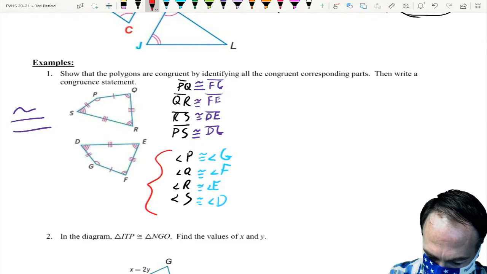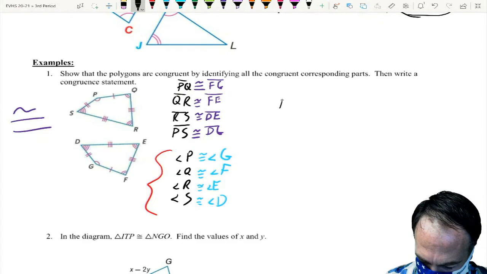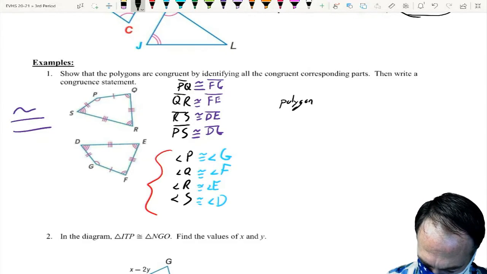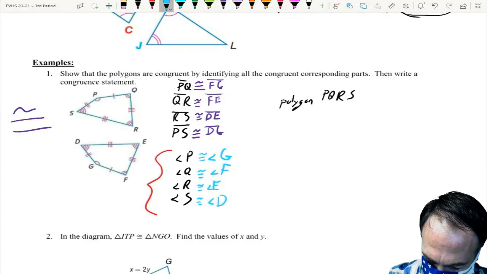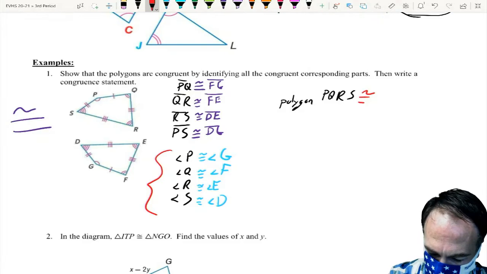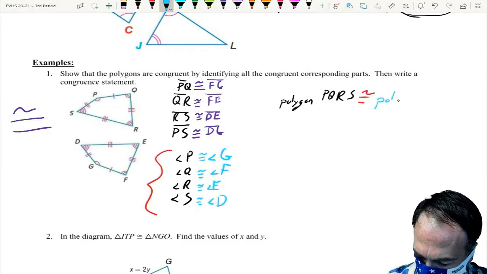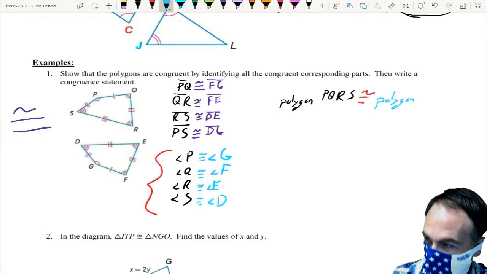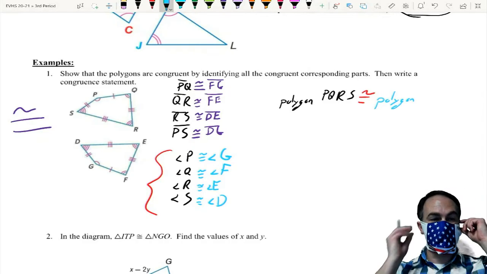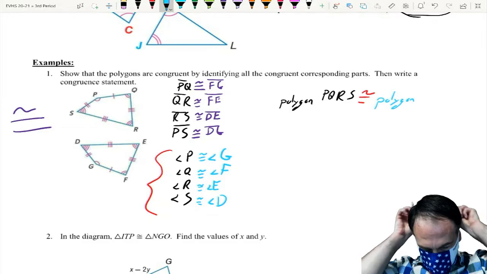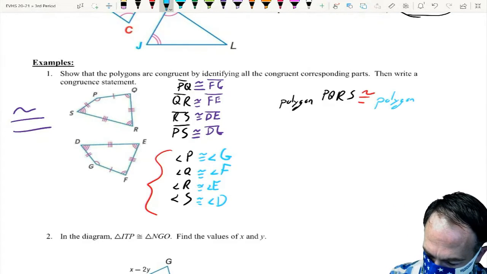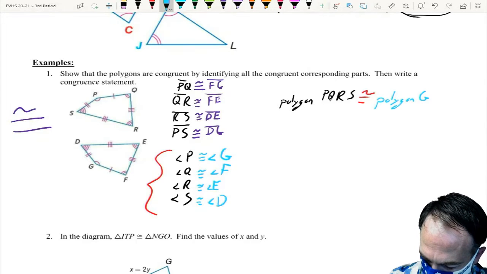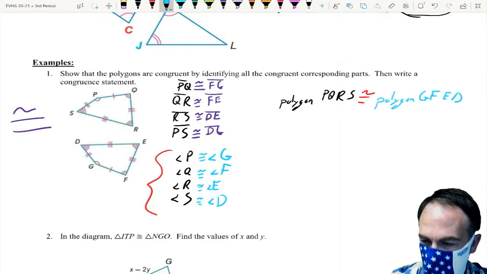So what we're going to say is that polygon PQRS is congruent to polygon, and now go in the exact same order, because again we need them to have corresponding parts in the right spots. So since P is first, then G must go first. Since Q is second, then F must go second, and so on.